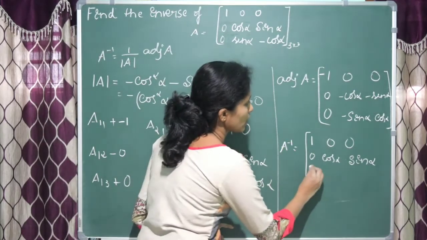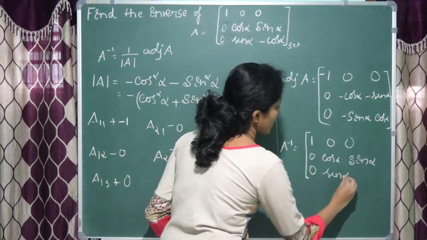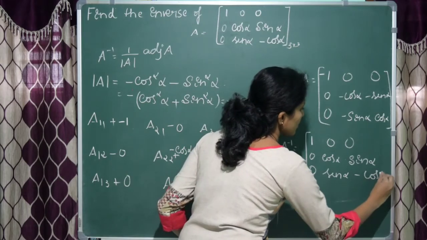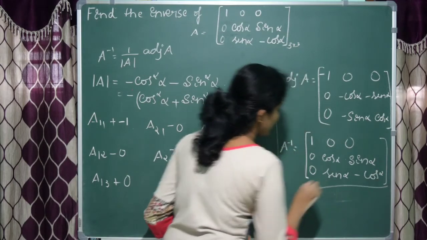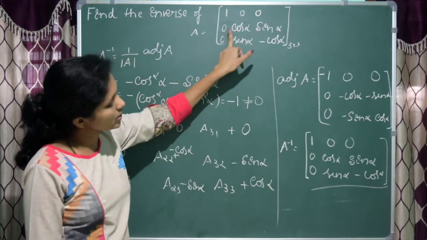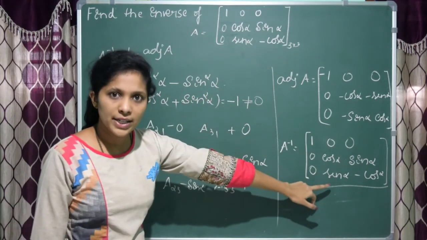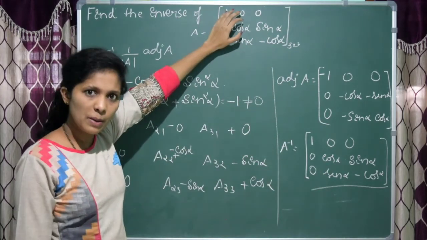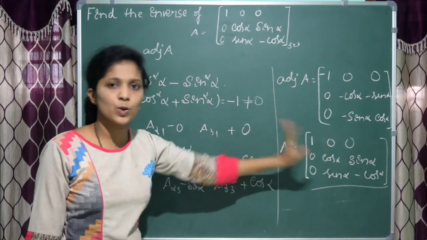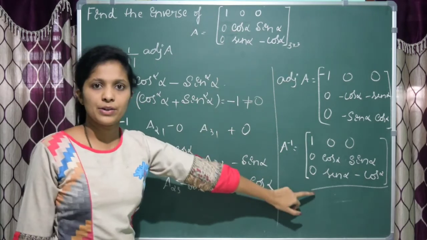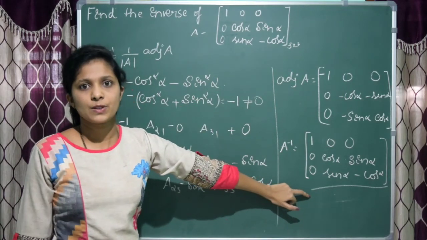So this will be now 0. So this is now sin alpha and this is minus cos alpha. So this is the inverse of the matrix. See here: 1 0 0, 0 cos alpha, sin alpha, 0 sin alpha and minus cos alpha. Both matrix A and A inverse are the same. If you multiply these two matrices, you will get the identity matrix of order 3 by 3.